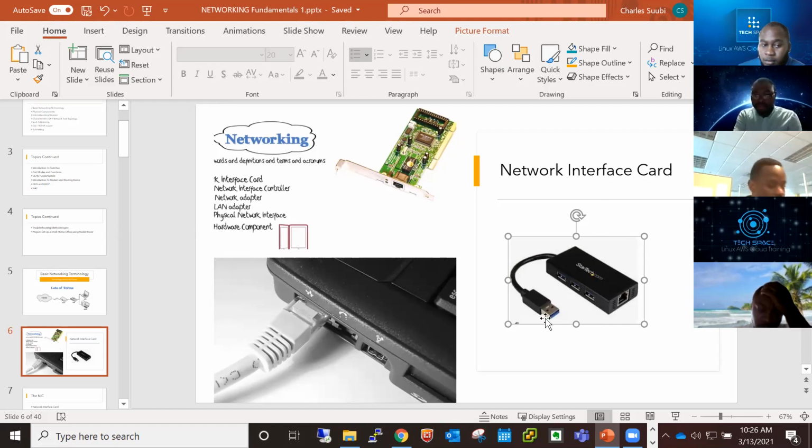So what does it do? Can someone tell me what this does? It's used to share network between computers. That is a general concept of what an Ethernet adapter does. But I'm just saying this right here, just this adapter, the Ethernet USB adapter. What does it do?